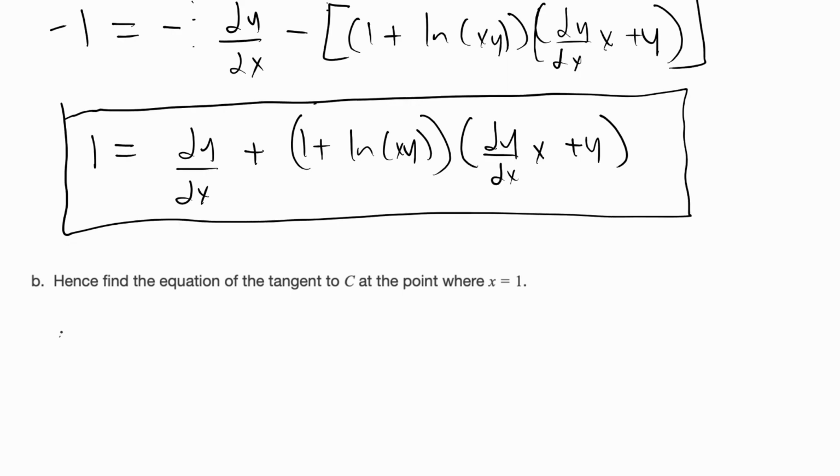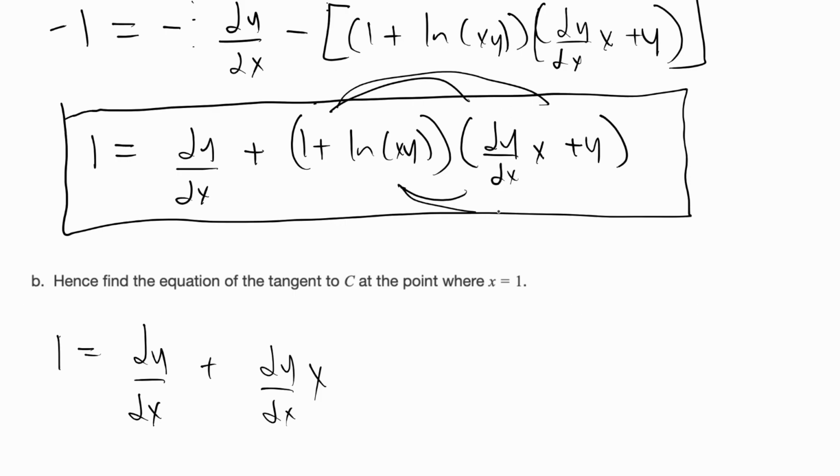Okay, what we can do, let's rewrite our equation. 1 is equal to dy by dx, and let's expand this multiplication. So we get dy by dx of x. It's just the FOIL method, right? This times this, this times this, this times this, and this times this.